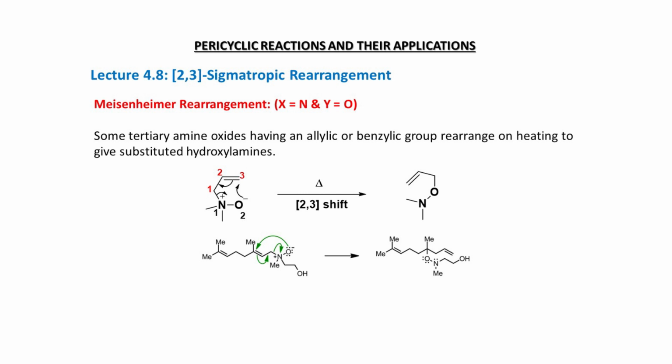In the second example also, you can see a similar kind of reaction where the nitrogen is at one end connected to the alkyl group, a methyl group, and the other end of the nitrogen is connected to the oxygen bearing the negative charge. So this tertiary amine oxide can undergo the sigmatropic shift, particularly the 2,3 sigmatropic shift, resulting in the respective product.